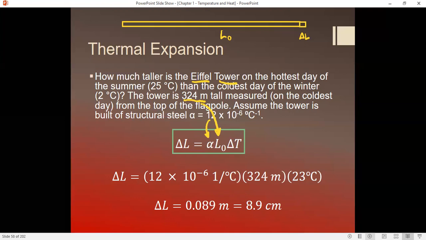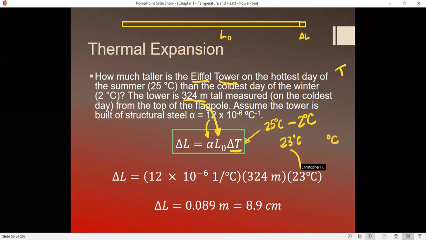Now, if it were made out of Invar, that would be down to about 0.9 times 10 to the minus 6. And finally, we're going to calculate the change in temperature. Remember, our final temperature is going to be 25 degrees Celsius. Our initial temperature is 2 degrees Celsius. And because this is a delta, we can use degrees Celsius. If it were just a T, like in the ideal gas law, we would have to use Kelvin, but we can use Celsius here. So 25 minus 2 is 23 degrees Celsius.